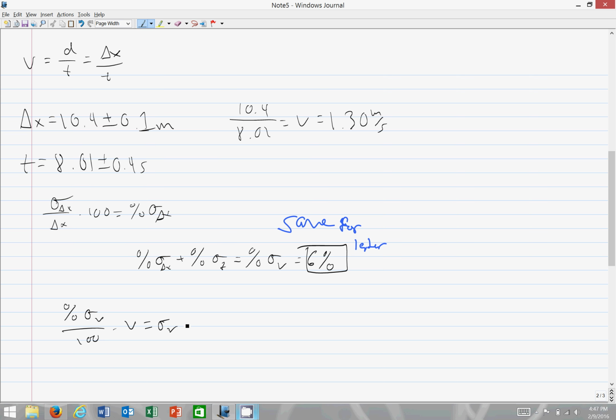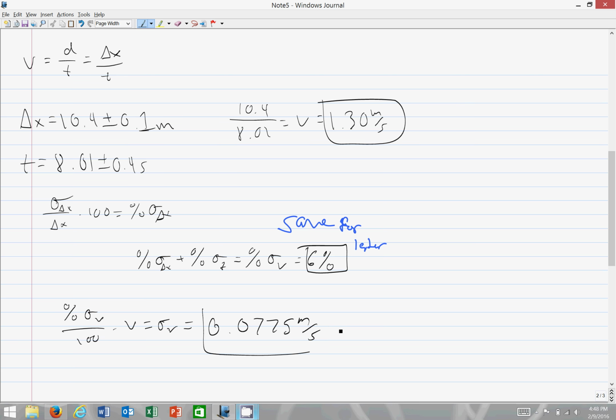So if this is my v, I will say 6% divided by 100 times my v, and I get 0.0775 meters per second.